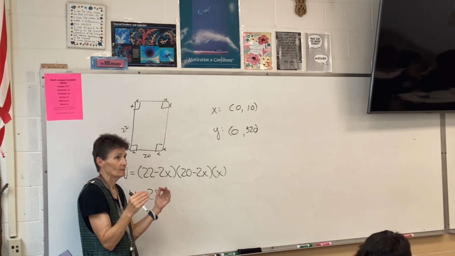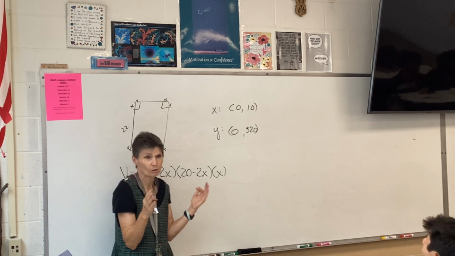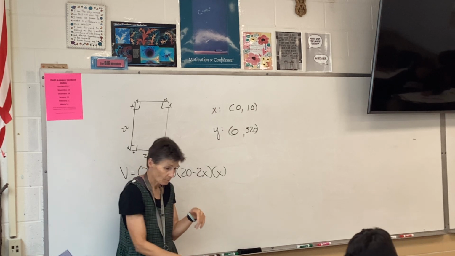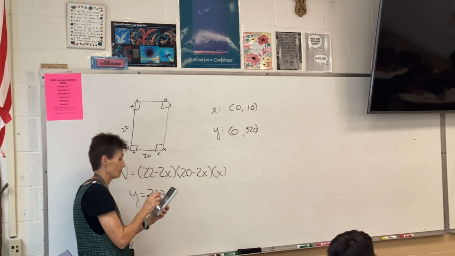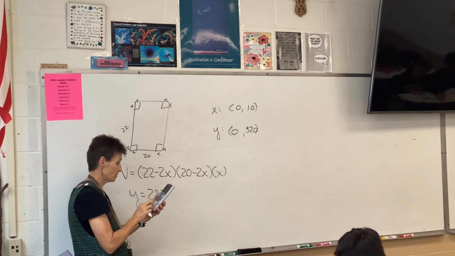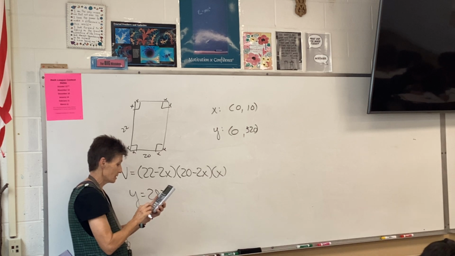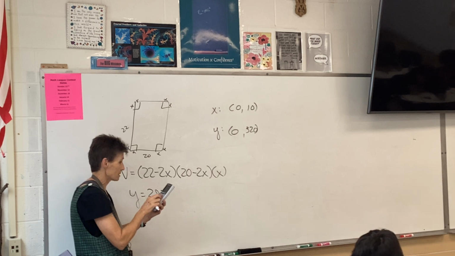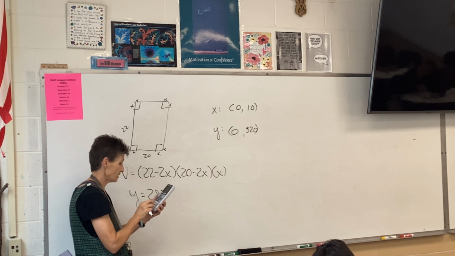It doesn't matter, just make sure it's above 283. Okay, now I'm ready to go. So 22 minus 2x, 20 minus 2x. 283.